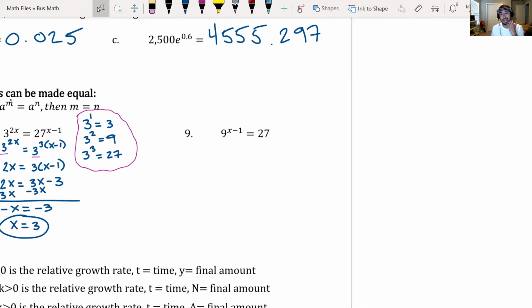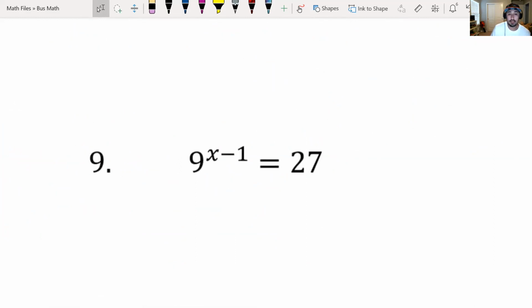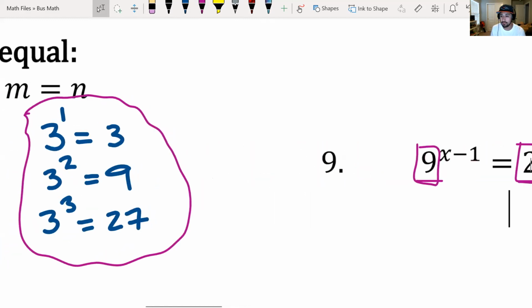Okay, number 9, same thing. 9 to the x minus 1 equals 27. So once again, these bases are not the same. So what we have to do is find a common base. And the common base between 9 and 27 has to be a base of 3, because 9 and 27 are both multiples of 3.